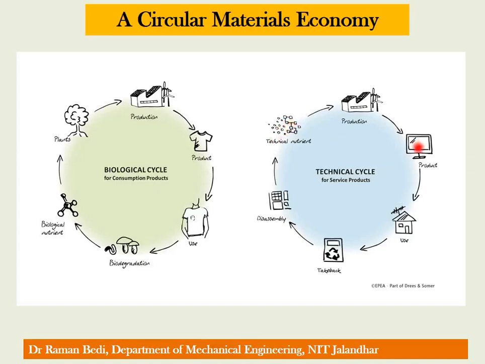That means some of the materials I recover here will go back into the production line. So whatever is there, all of it goes back. There is no pilferage from this cycle, just like a natural cycle. That's the precise concept of what we call a circular materials economy.